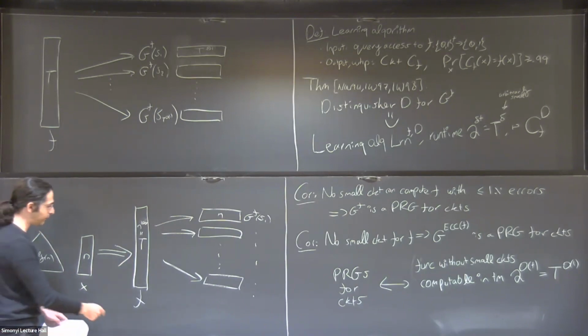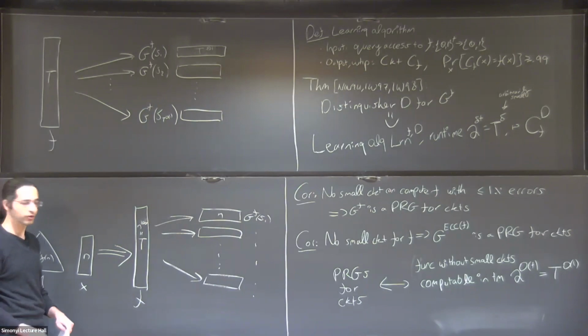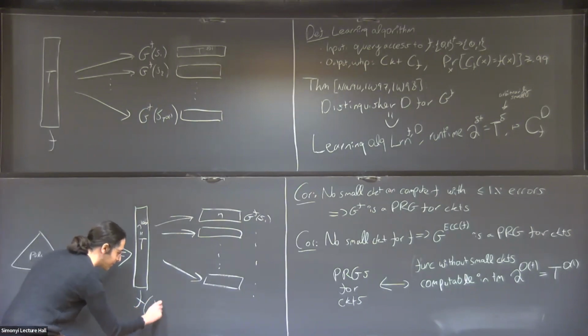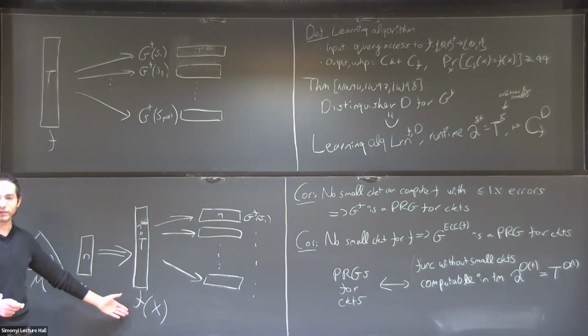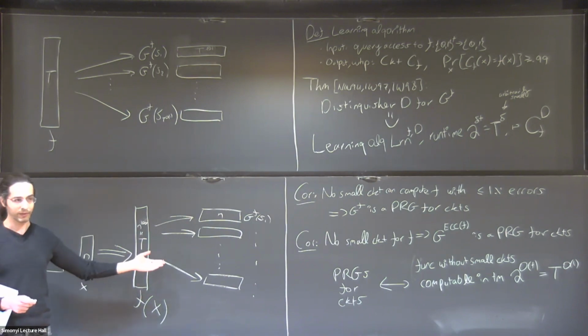So instead of F, which is the truth table of a hard function, I now think of F of X as some string that I was able to produce from X. So we will extract from the input information F of X that we will use to de-randomize.